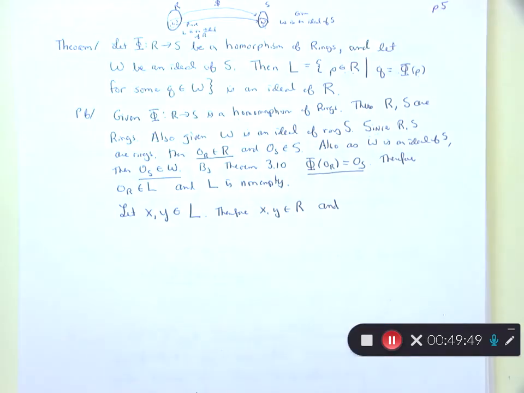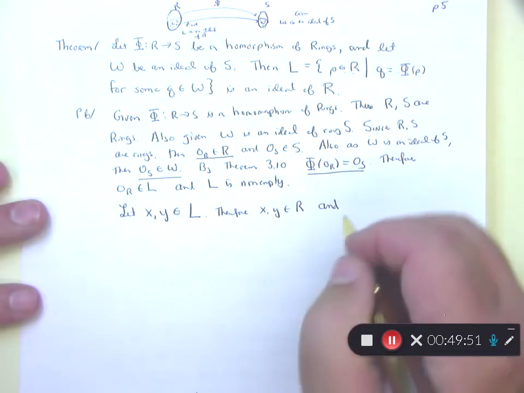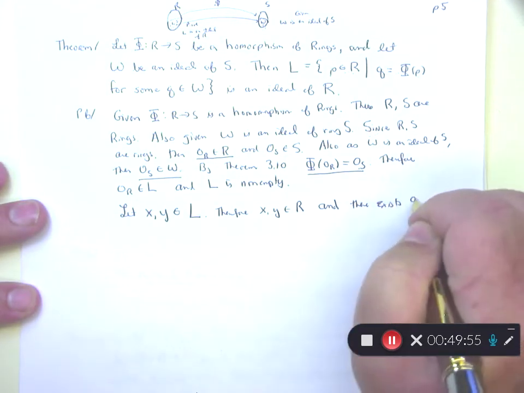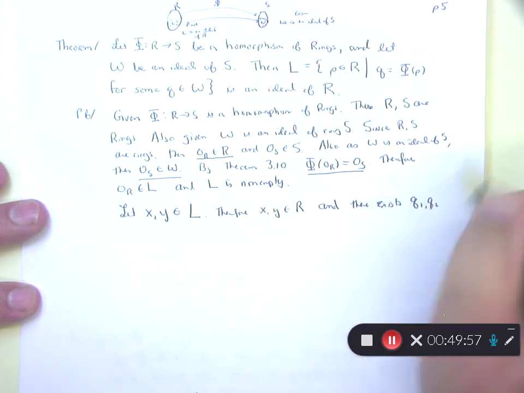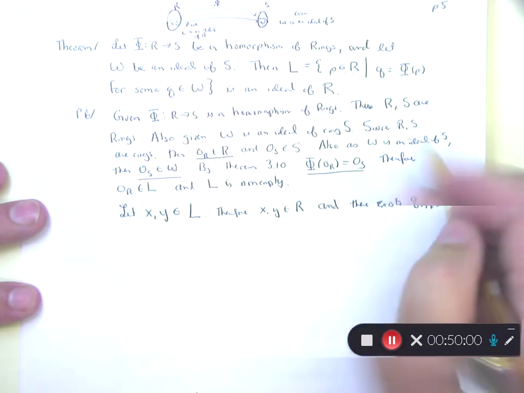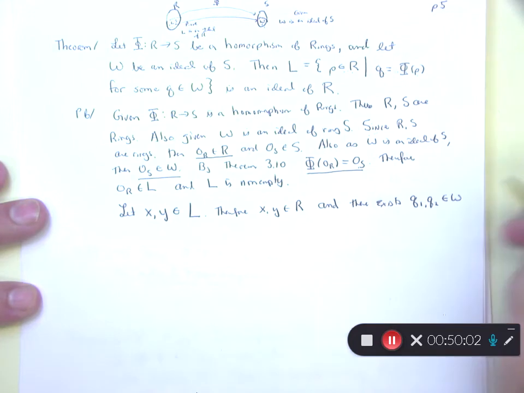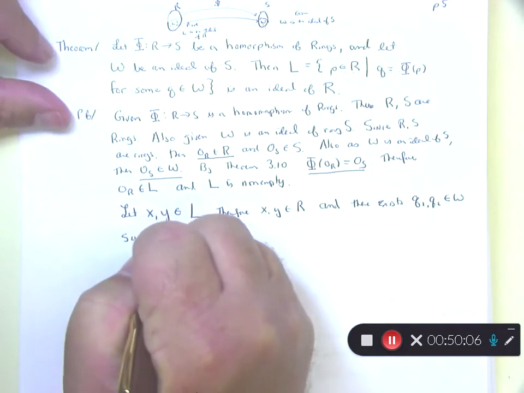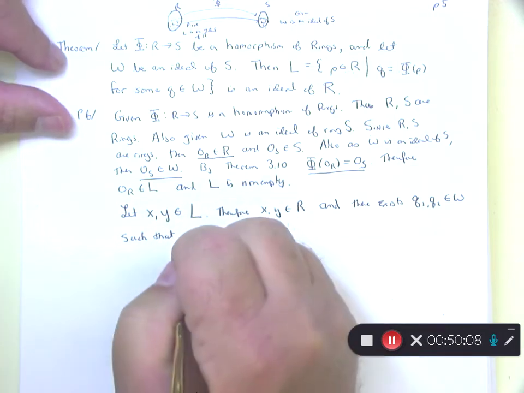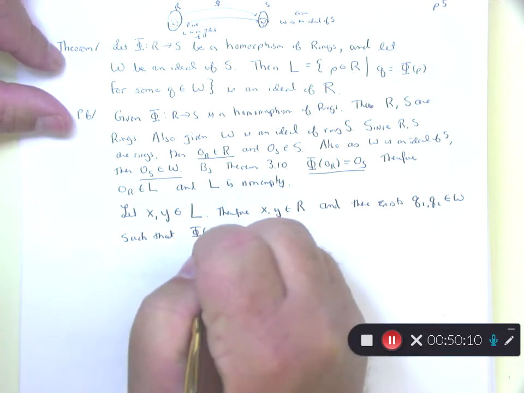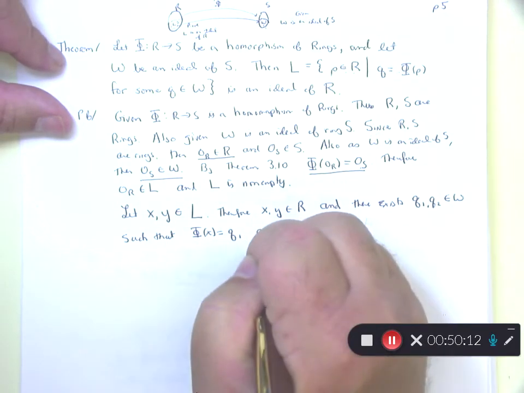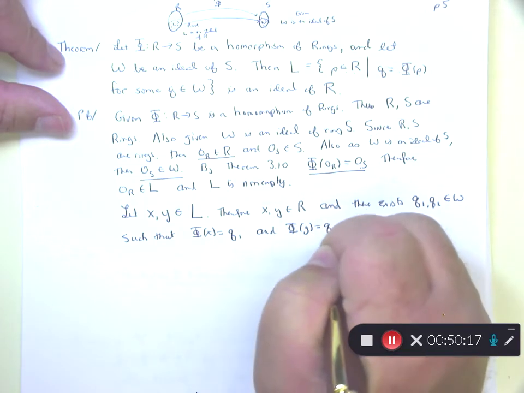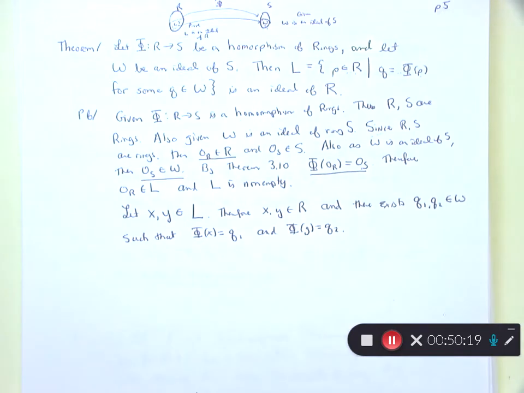Of course I need two of them, so there exist q1 and q2, elements of W, such that phi of x is equal to q1, and phi of y is equal to q2. Okay?